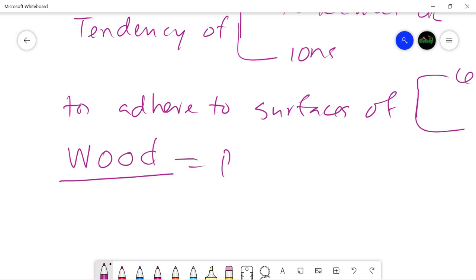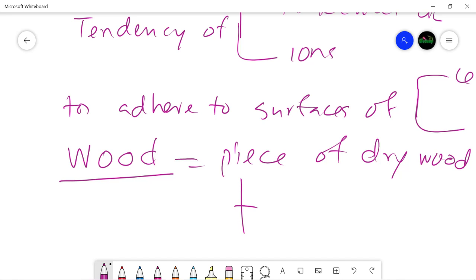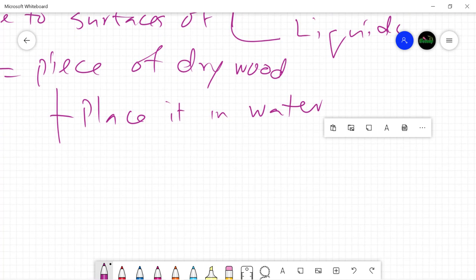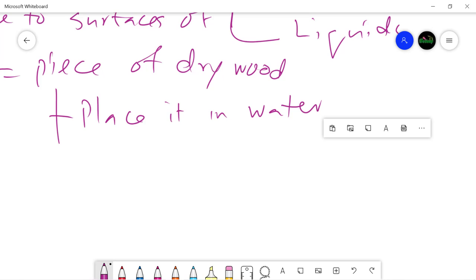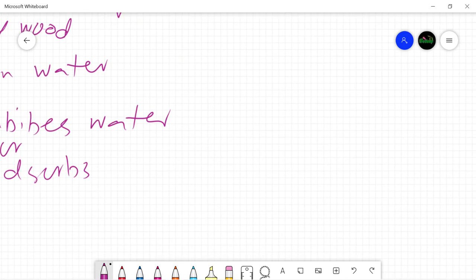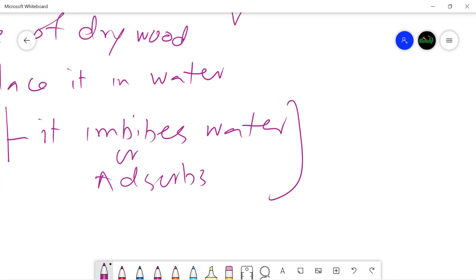When a piece of dry wood is placed in water, this piece of wood adsorbs water, or it imbibes water. So due to this adsorption or imbibation, what happens is that it swells up.